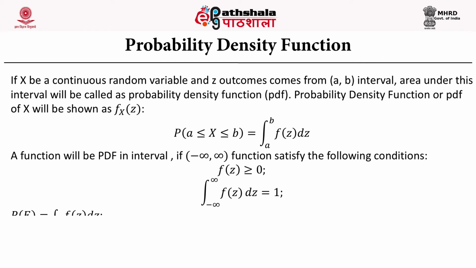Then the function must satisfy the following conditions. The first condition is that f(z) is greater than or equal to 0. And if you take the integration from minus infinity to infinity of f(z) dz, it comes out to be 1. And P(E) is equal to the integration over the interval E of f(z) dz, where E is an event of the random experiment.